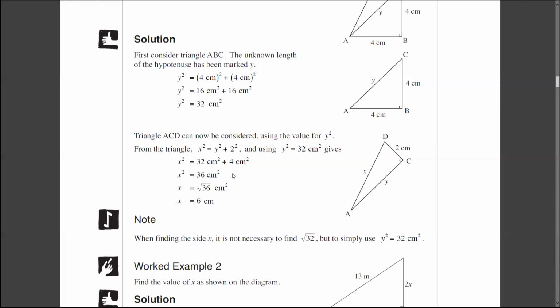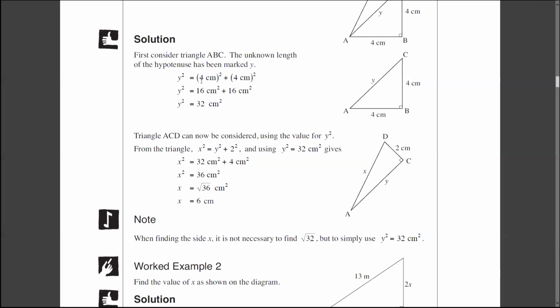So for this next triangle, there's x squared equals y squared plus 2 squared. So you have y squared already, which is 32. Substitute 32 centimeters. And when you're working in general, you don't have to put the units during the workout. You can just put it at the end. Sometimes it's clumsy to be working with it all the way through.